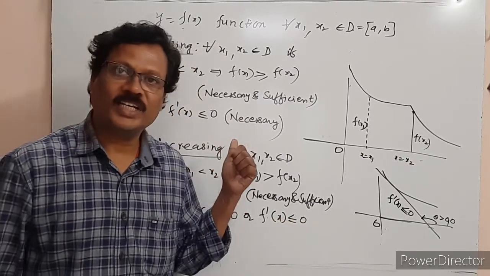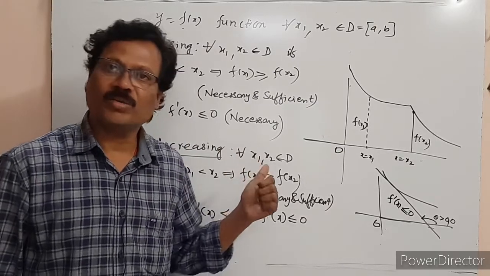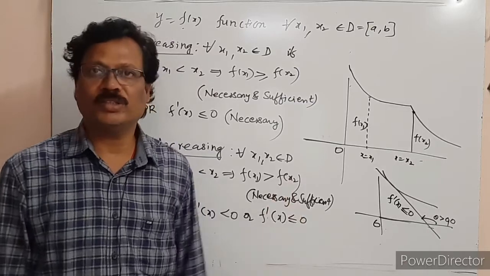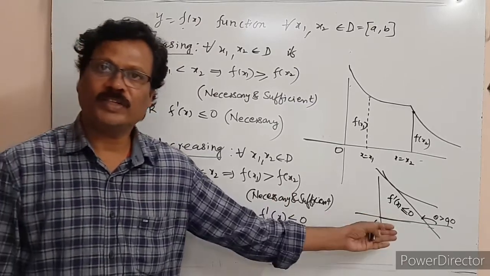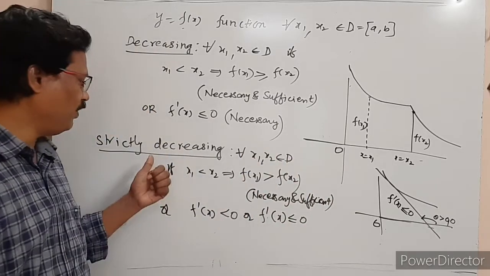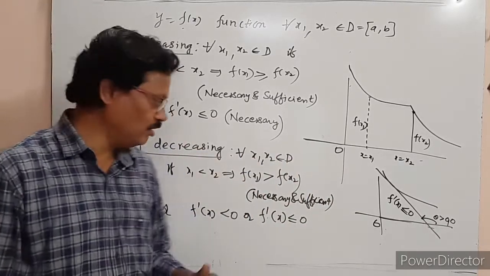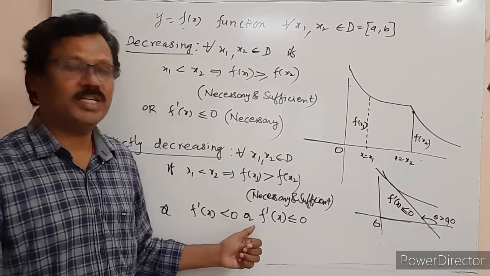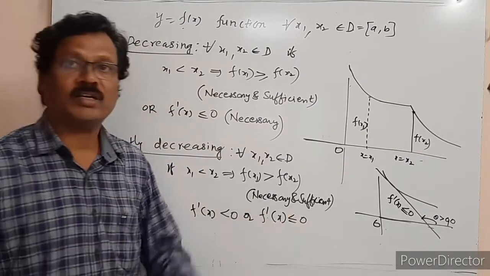Like in strictly increasing, f dash x is not only greater than 0, f dash x greater than or equal to 0 is also possible, for example f of x equal to x cube, which we have taken in the last example. In the same way, in strictly decreasing also, f dash x is not only less than 0, there is a possibility that f dash x is less than or equal to 0.